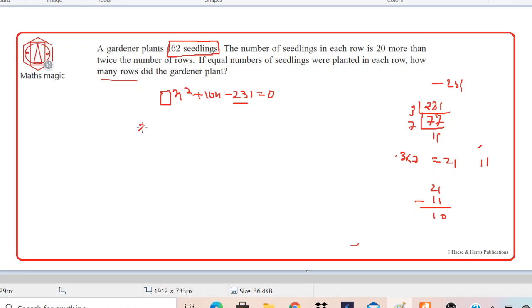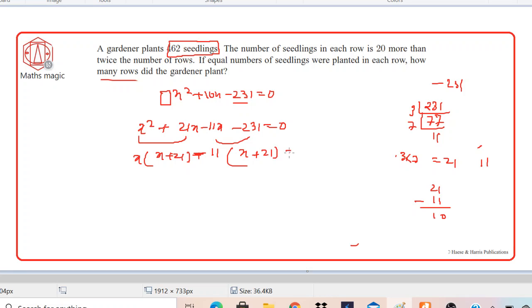So let's try this. x squared plus 21x minus 11x minus 231 is equal to 0. Now you pair them up. x is common, so x times (x plus 21). Now we take minus 11 common, and it's x over here, and then 21 is left over here.